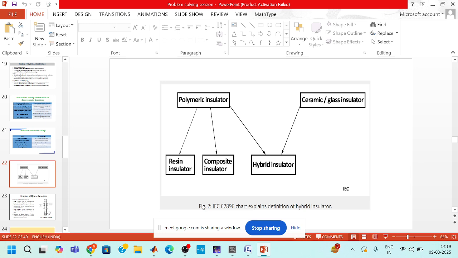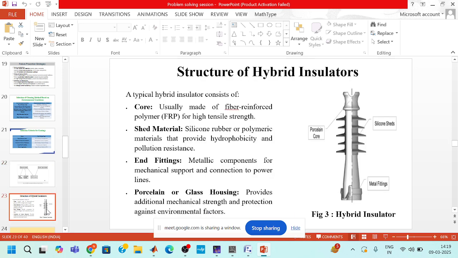So the last topic was hybrid insulators. Hybrid insulators are basically a combination of polymeric insulators and ceramic or glass insulators. This is the structure of hybrid insulators, where we see the main components: core, shed material, fittings, and porcelain or glass housing.